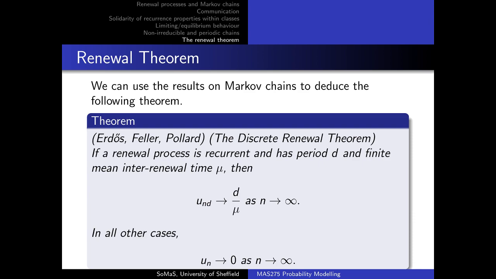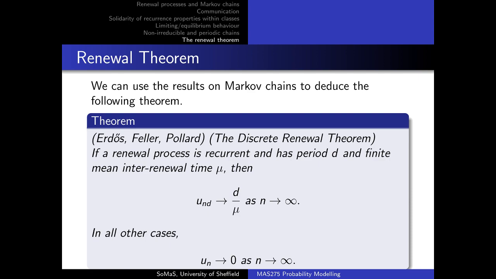And so now we can have a thing called the renewal theorem, which is just an application of our convergence to our invariant distribution. The theorem here is stated in the periodic case. Let's assume for a second that we're not periodic, so assume that d is equal to 1. And so we get un converges to 1 over mu.